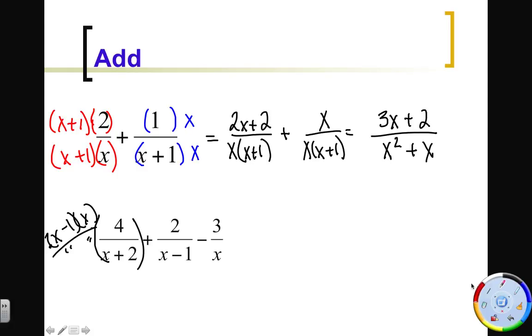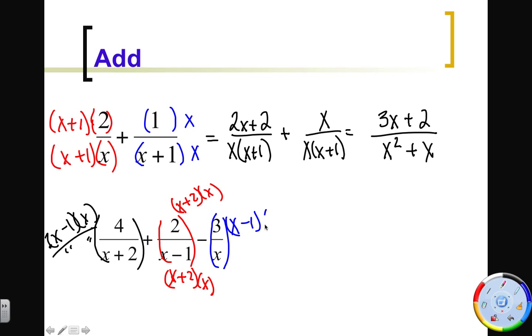The middle fraction, I'm going to have to multiply by an x plus 2 and an x over an x plus 2 and an x. And my third fraction, I have to multiply by an x minus 1 and an x plus 2 over the same thing. All right, so this problem is a little bit more complex, but it's not something we can't do if you put your mind to it.